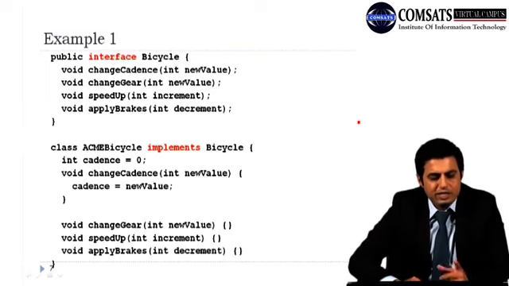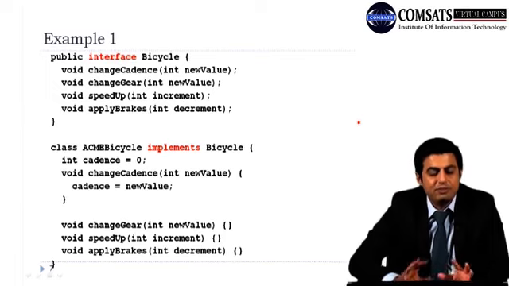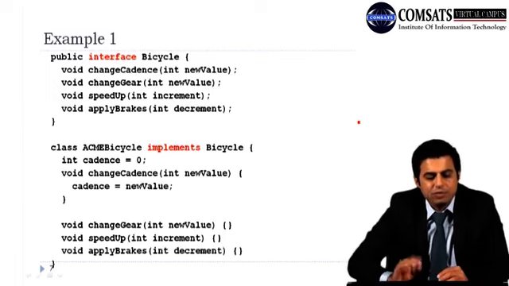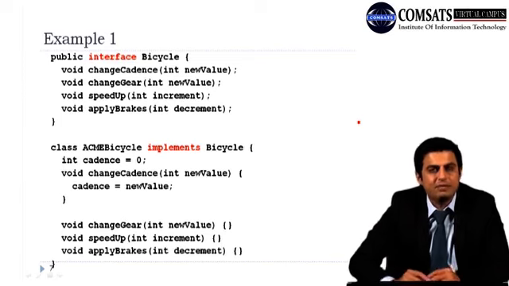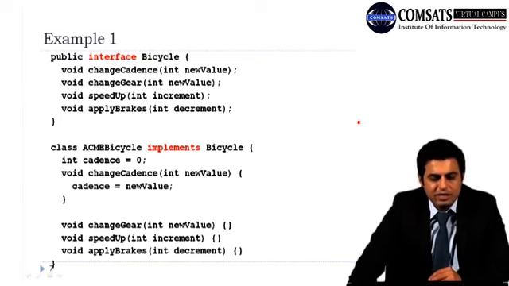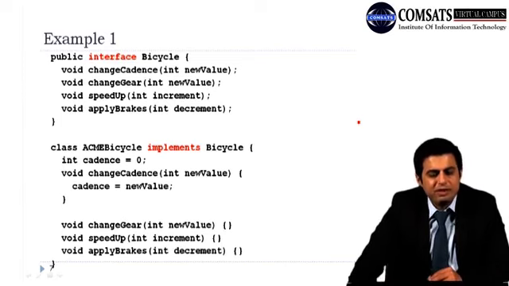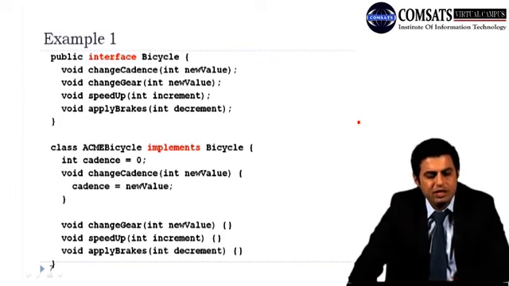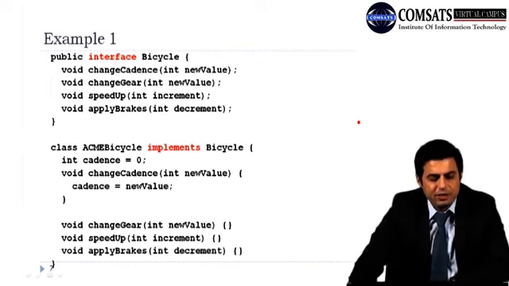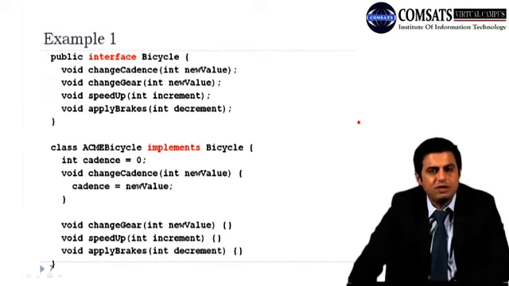Now if you look at this class, this is a particular type of bicycle, and it is implementing Bicycle. Because it's implementing this interface, it has to implement these four methods. So the implementation of these methods is going to be in the implementing class.